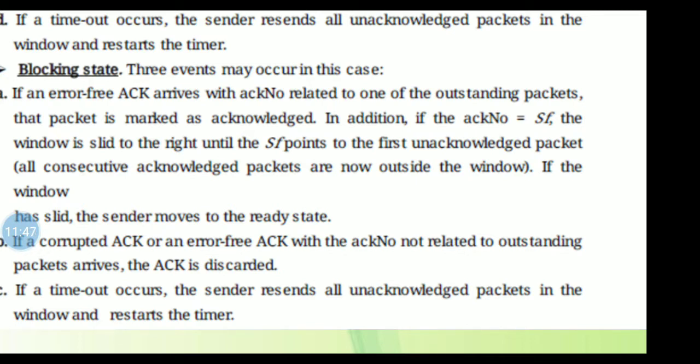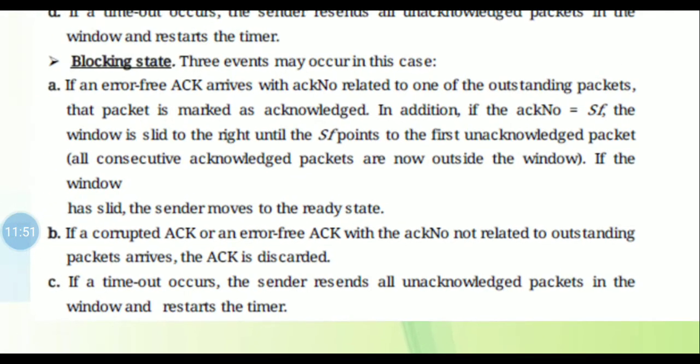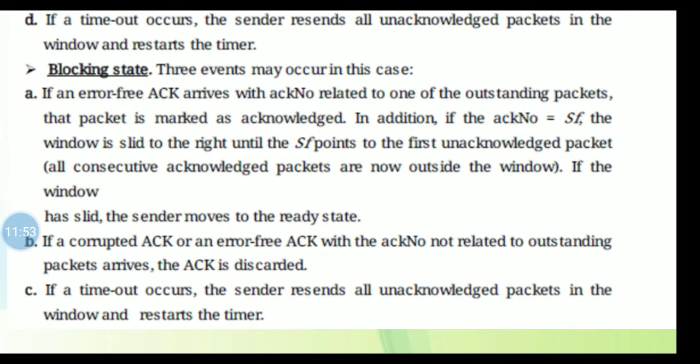In addition, if the acknowledgement number is equal to SF, the window slides to the right until SF points to the first unacknowledged packet, so all consecutive acknowledged packets are now outside the window.